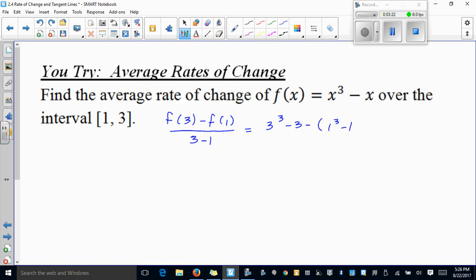This gives us 27 minus 3 minus 1 minus 1, all over 2. This gives us 27 minus 3, which is 24. This is 0, so just 24 over 2, or 12. So the average rate of change on that one from 1 to 3 is 12.